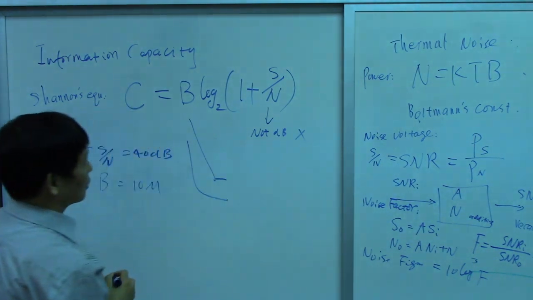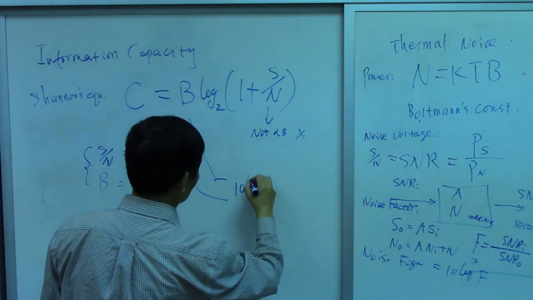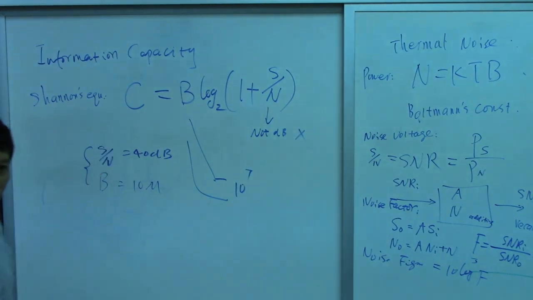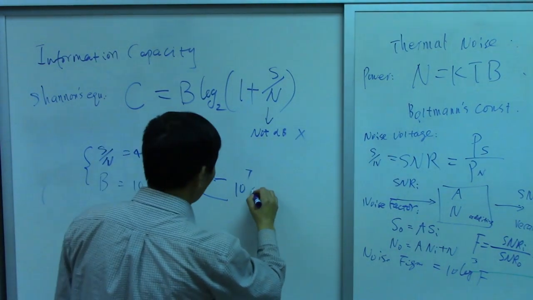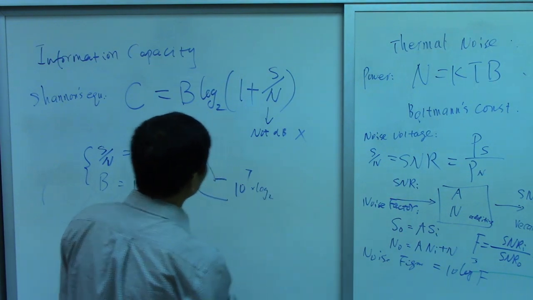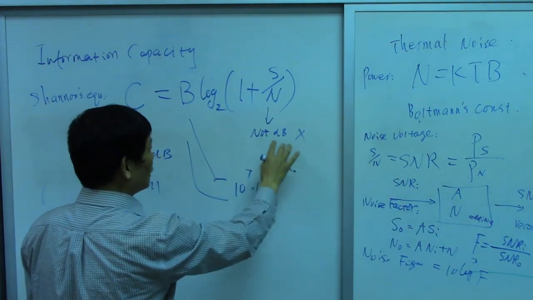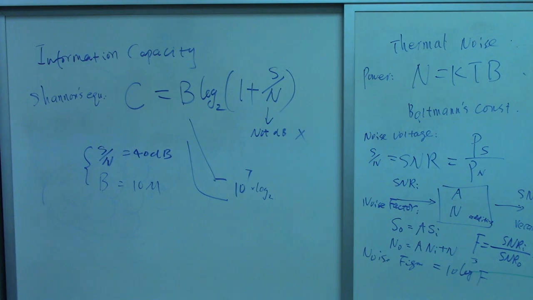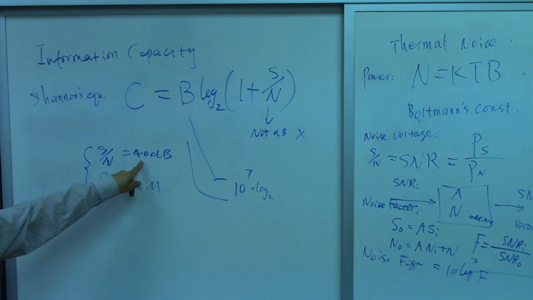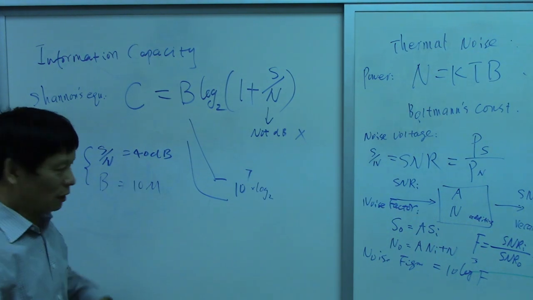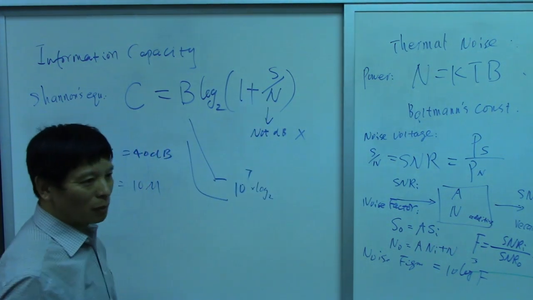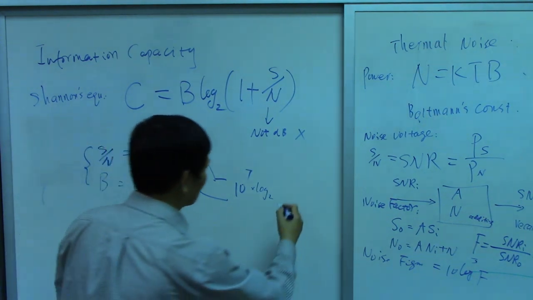B equals 10 to the 7, 10 meg, times log base 2 of 40 dB. As we said, we cannot use 40; we need to use 10,000. 10,000 plus 1, we don't need to care about the 1, so we just use 10,000.